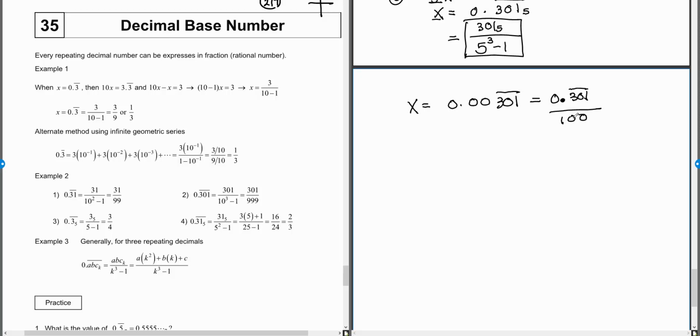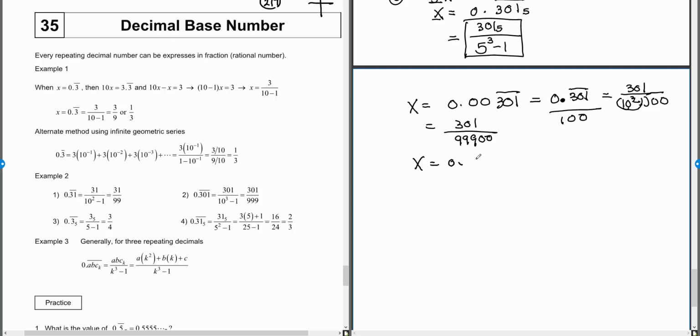So we know that 301 in base number 10 is 301 over 1000 minus 1, and then we put the 2 more zeros. So that number is 301 over 99900. This 1000 minus 1 is 999, 3 nines and 2 more zeros. That's the formula, okay?